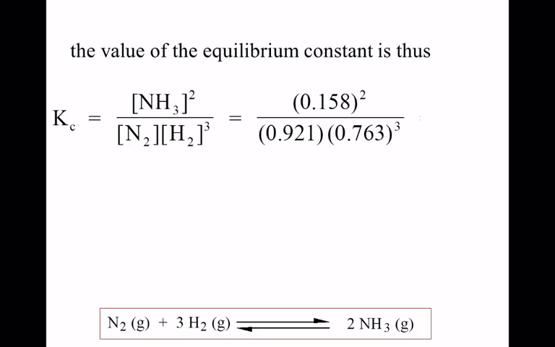Let's plug in. Do you guys already have this? Okay, good. Those numbers are the molar concentration of ammonia in the numerator and nitrogen and hydrogen in the denominator. Remember, this is kind of fun because this is finally something in chemistry where we don't have to let units cancel. We know they're canceling behind the scenes. Rounding to 3 significant figures, our Kc, our equilibrium constant, is 0.0610.